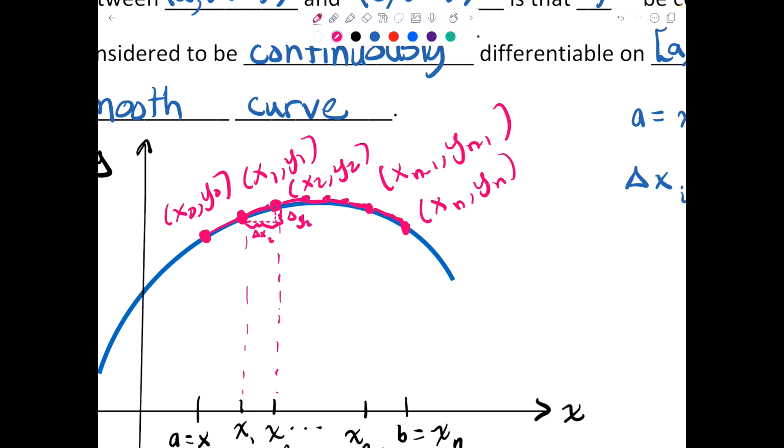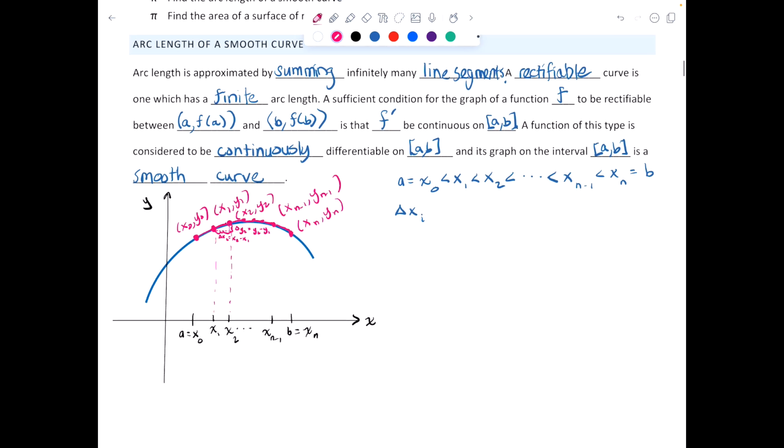But what are these? The first one would be y2 minus y1, and the second one is x2 minus x1.